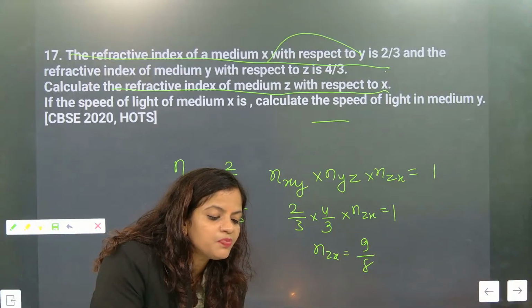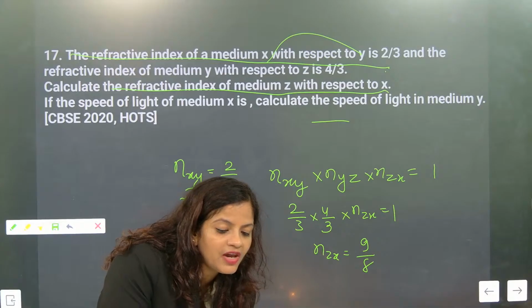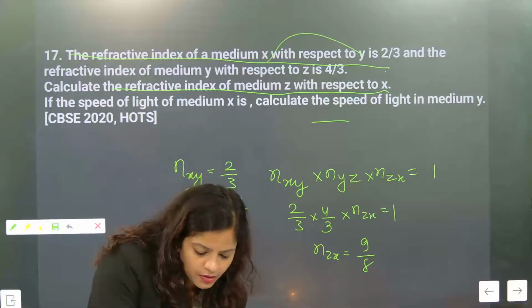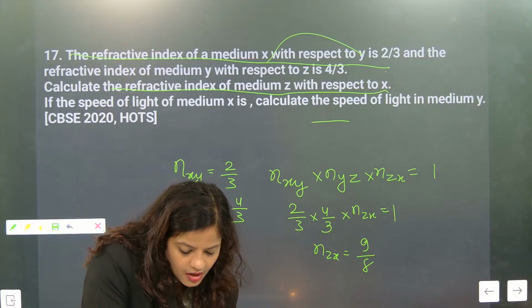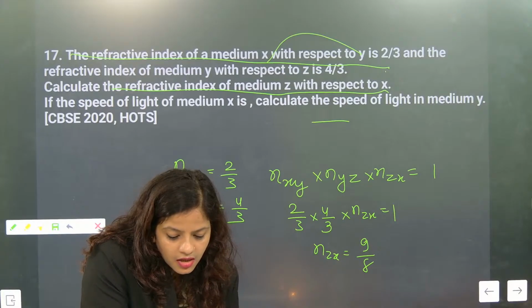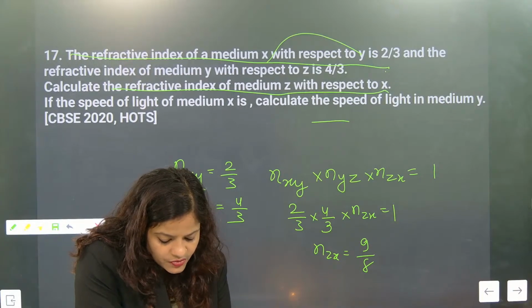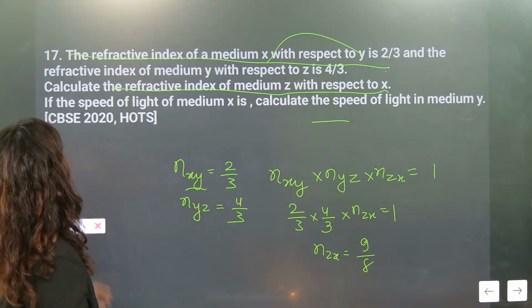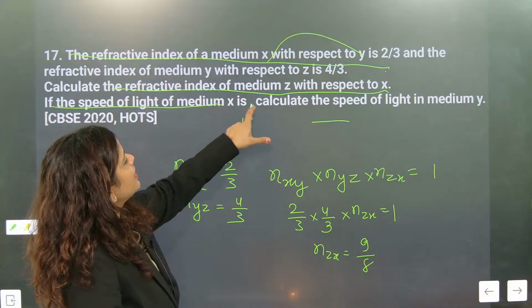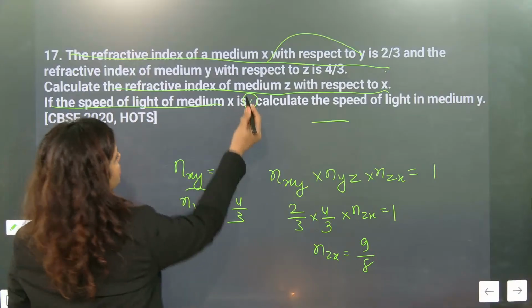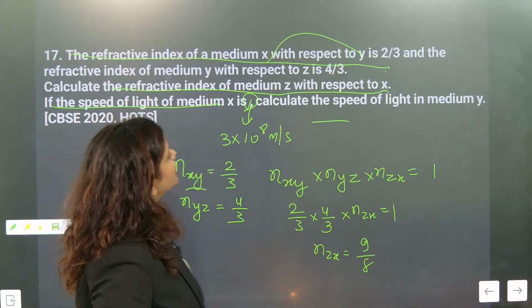If the speed of light in medium X is given, calculate the speed of light in medium Y. Answer is not given, so let's take it as air, since nothing given means we can take it as air. So medium X speed, we are writing, is 3 into 10 to the power 8 meter per second.